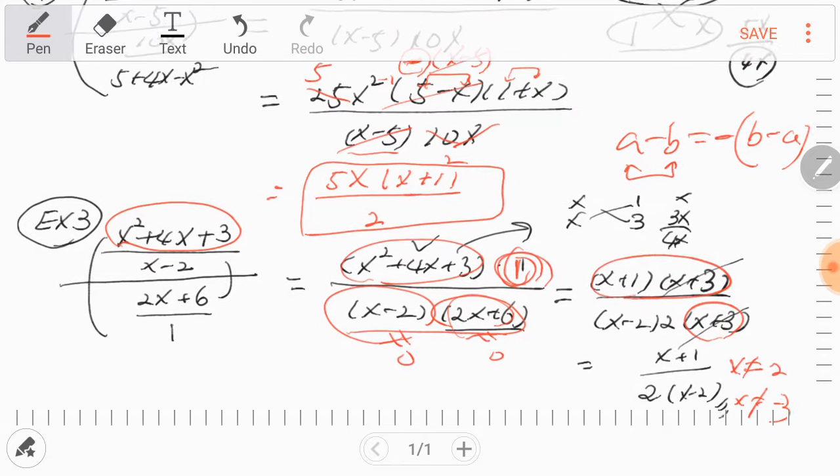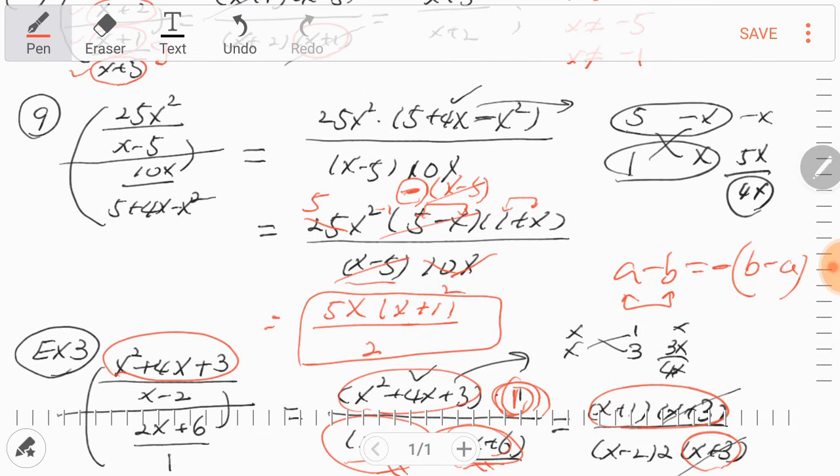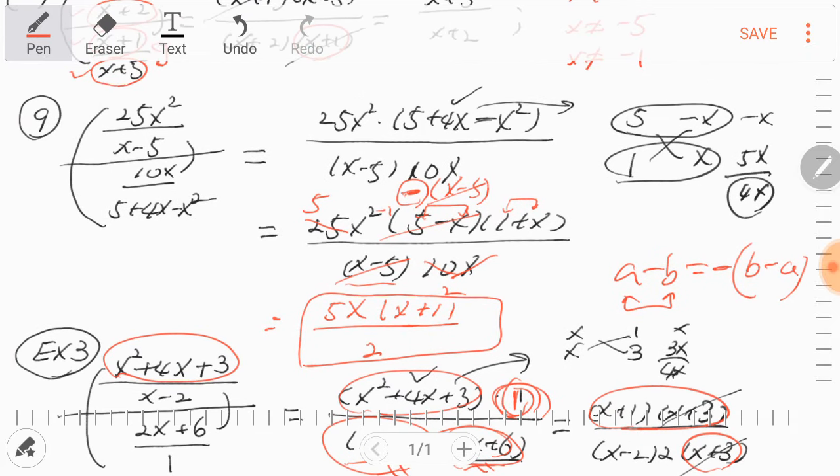Okay, how about the previous one? For the previous one, we can find the restricted values from all these three, except this one. So we have to find it from this one and this one. And this part is the same as this one. So we cannot make this one equal to 0.